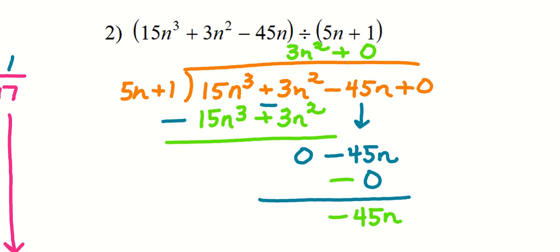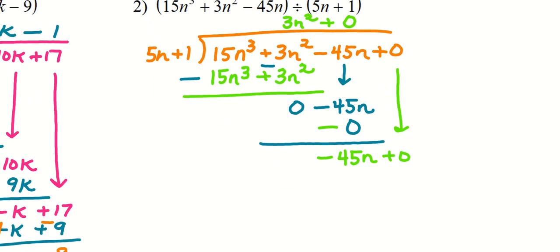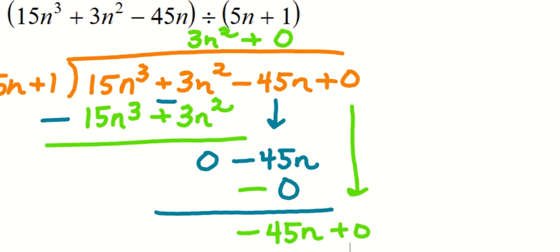You're going to bring down your plus 0. And 5n into negative 45n is going to give us negative 9. So we want to add that negative 9 on the top.